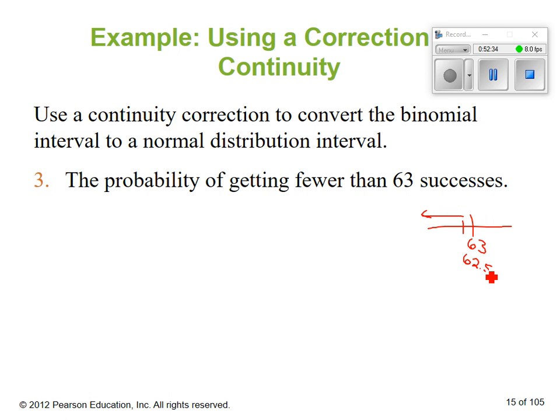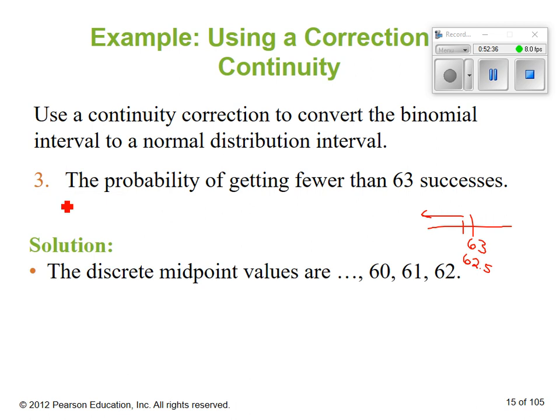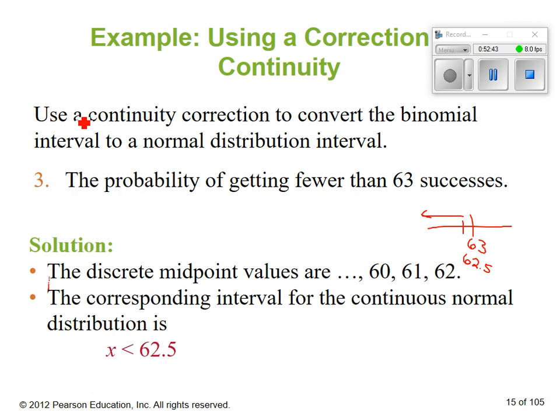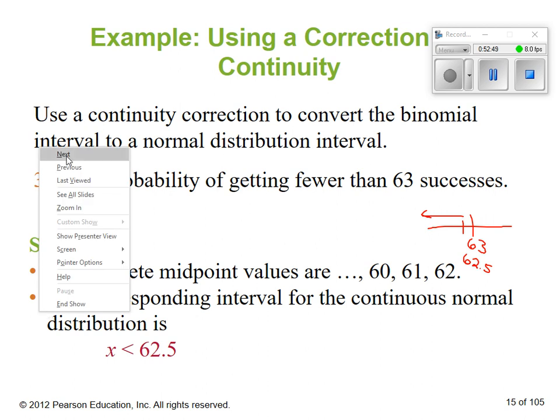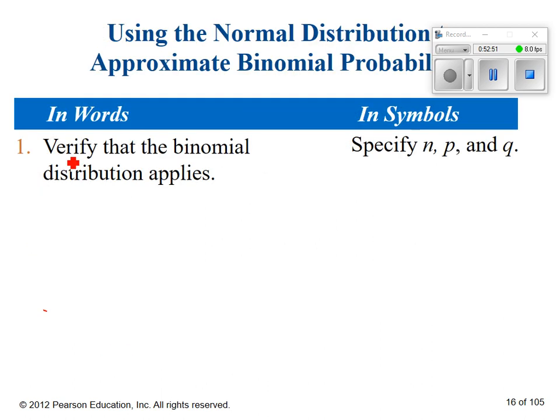So you've got to read the problem carefully and make sure you understand what you're getting. We're at 62, 61, 60, 59, 58. We want all those. So we want X to be less than 62.5. And all we're doing with each one of these is changing it so that we get the entire graph and not miss part of it using this binomial stuff.